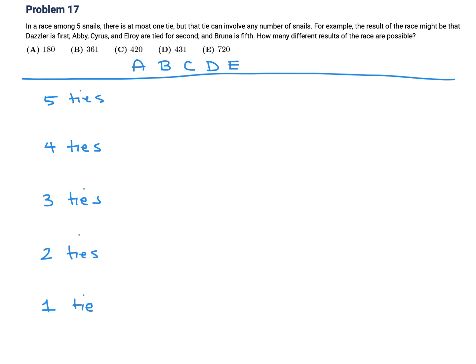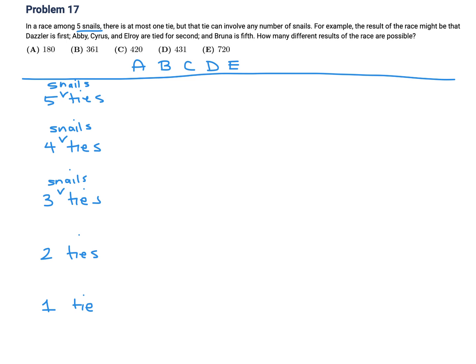My wording is a bit off. I should put 5 snails. These are names of snails? Yeah, so 5 snails. These are not people. 5 snails tie. That's what I should say. 5 snails, 4 snails tie, or 3 snails tie.